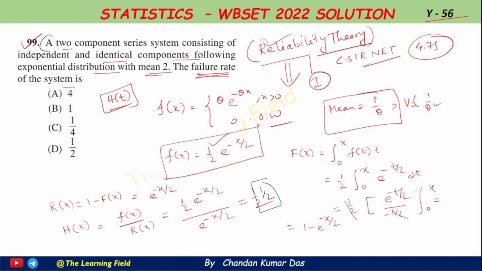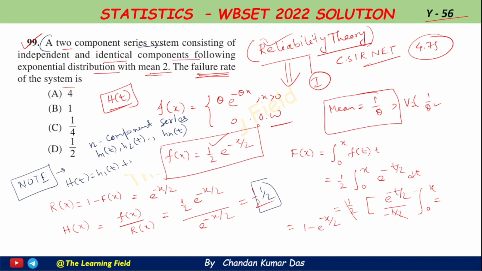Now for a two component series system, this is a very important note. If there are n components in a series system, and the hazard rate functions of each component are h1(t), h2(t) up to hn(t), then the hazard rate function of the system h(t) equals h1(t) plus h2(t) plus up to hn(t).